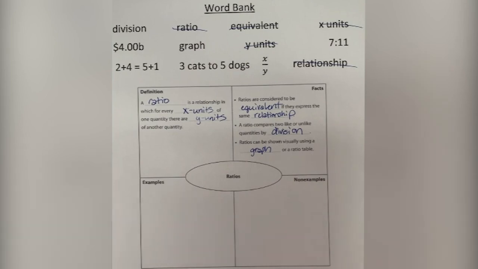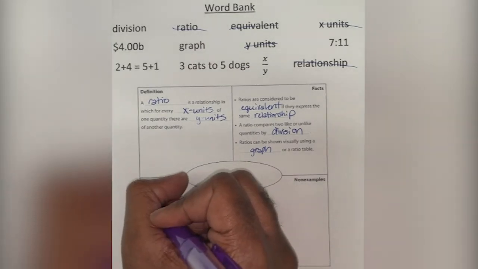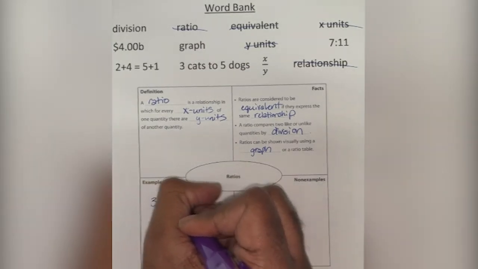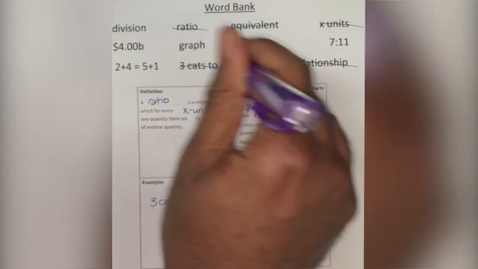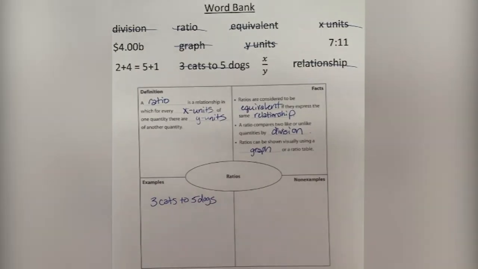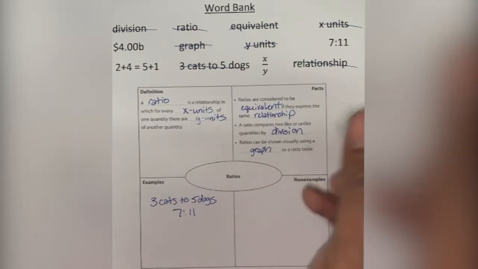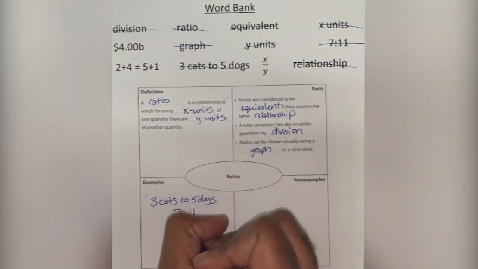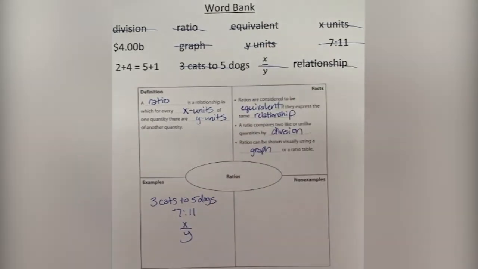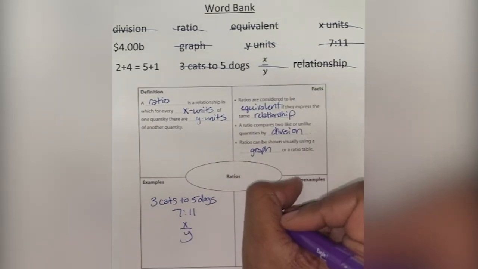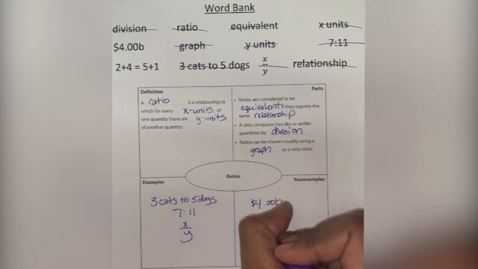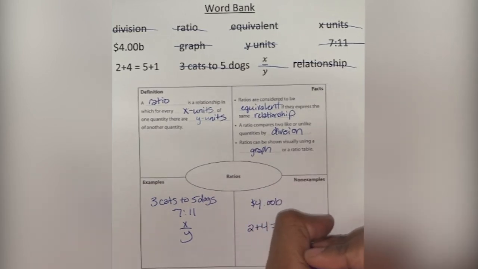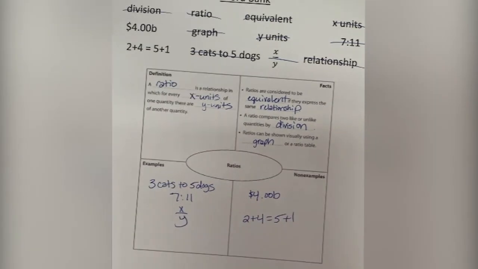So some examples of ratios: 3 cats to 5 dogs, 7 to 11, and x over y. So everything else is our non-examples: $4 times b, and 2 plus 4 equals 5 plus 1.